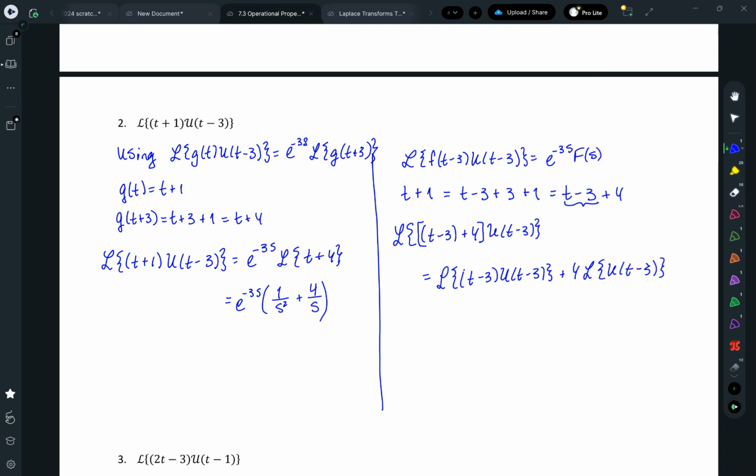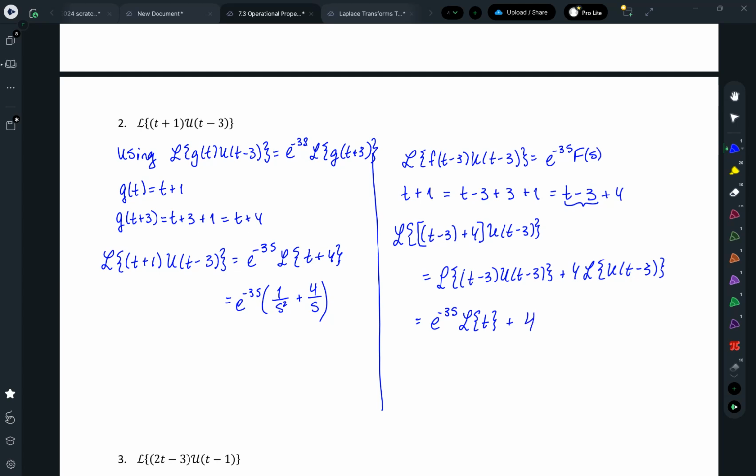Okay, now using the definition above, it says that those u's give us an exponential multiplier. So this gives us e to the minus 3s. And then the Laplace of t minus 3, this one's kind of weird because we have to remember that there's a shift here. We've dealt with the shift, so we have e to the minus 3s, and then we'll just focus on taking the Laplace of t here. Okay, that's kind of weird.